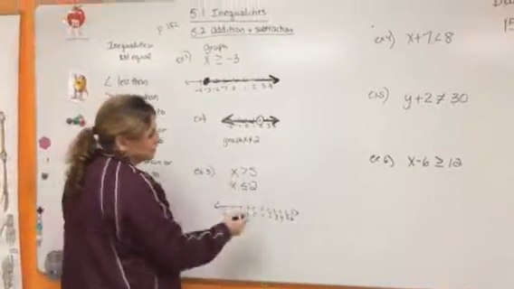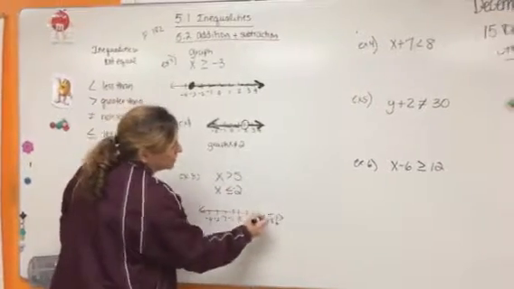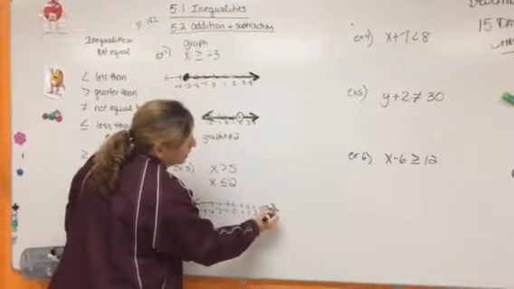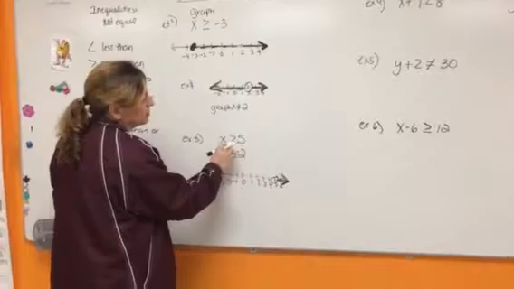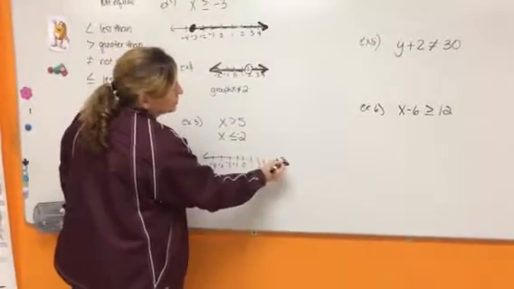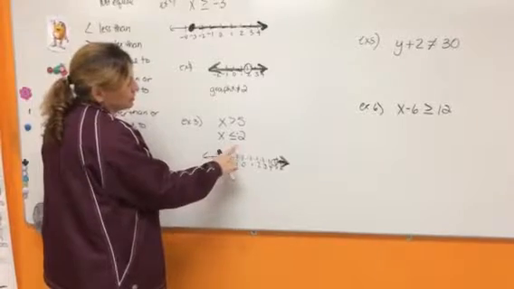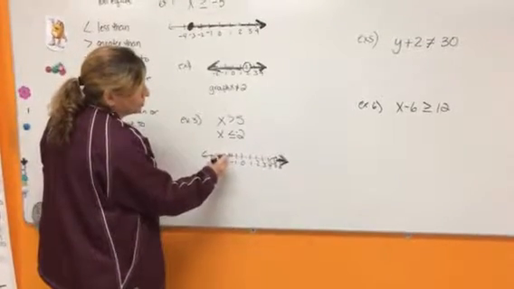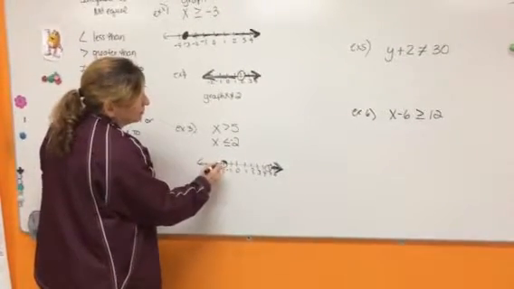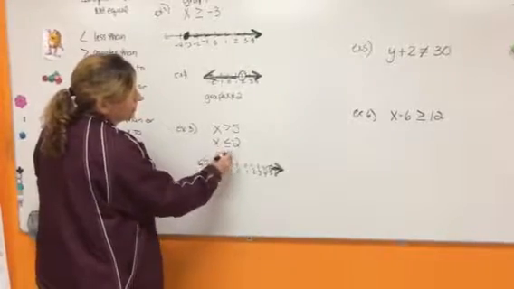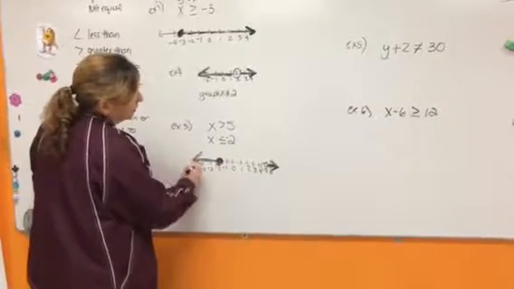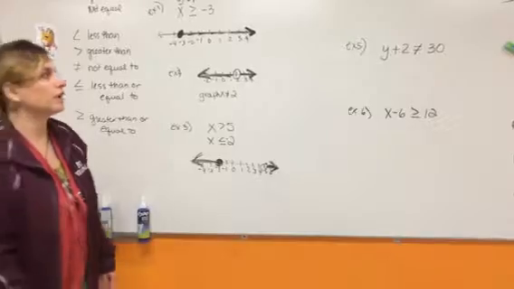So the first thing you're going to do is find 5. If x is greater than 5, you're coloring that way, and it's an open circle because there's no line under it. So 5 is not included, so that means x is all that way. And then x is less than or equal to -2. You're going to find -2, put a circle. This time I'm coloring in my circle because it could be equal to -2, and I'm coloring that way. So that's how you graph that one.